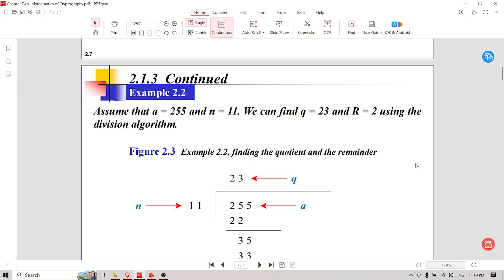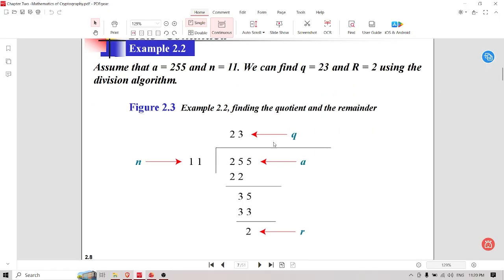Now, assume that a is 255 and n is equal to 11. We can find q is equal to 23 and r equal to 2 using the division algorithm. So now keep it in mind that only a and n are provided for us. Now we will divide 255 by 11. At the first round in here, we will have 25 and then we will have 2.